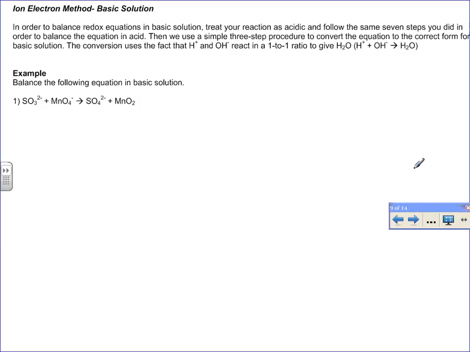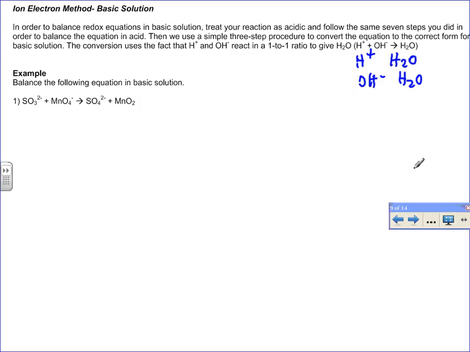Now, sometimes redox reactions occur in basic solutions, so we need to be able to also balance in basic solution. When we are balancing in acid, we would use the H plus and the H2O to help us to balance the hydrogen and oxygen atoms. In basic solution, the ion we have is hydroxide, and we still have water that we can use to balance the hydrogens and oxygens.